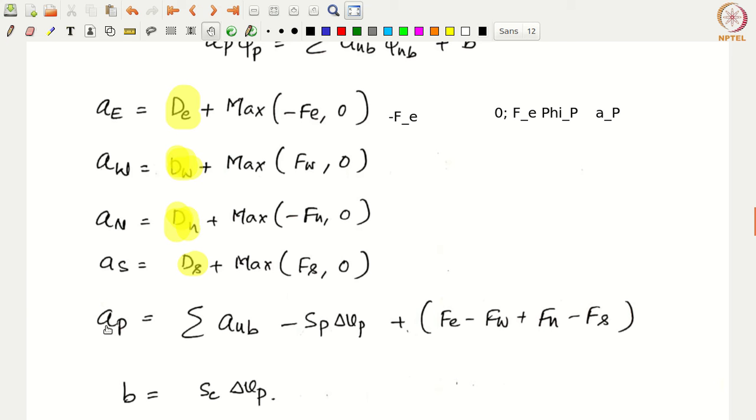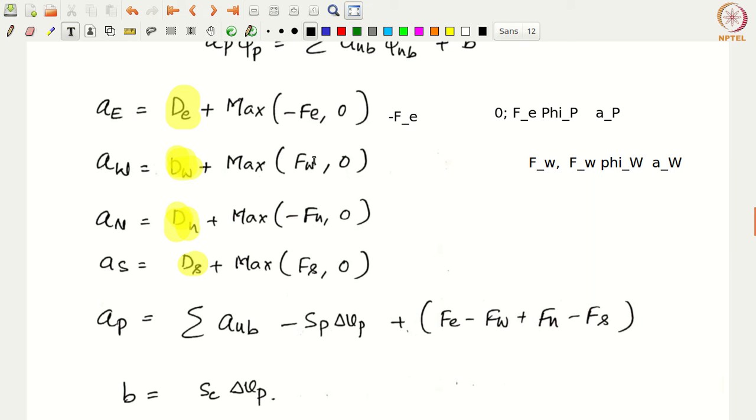Yes. Alright, the same is the case for F west. Let's say F west is positive. What will be returned would be FW, and this term would evaluate to FW. Because it is positive, the upwind direction would be phi W, so the contribution has to go to AW.